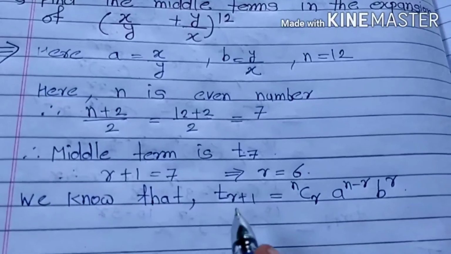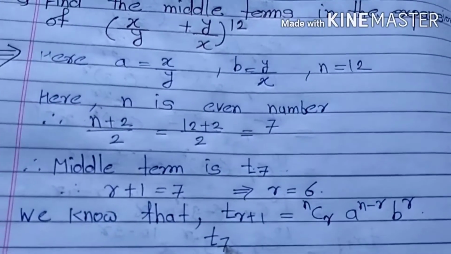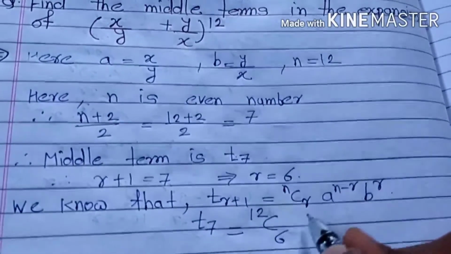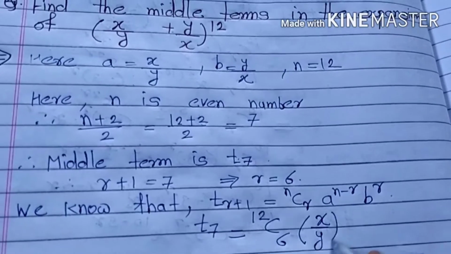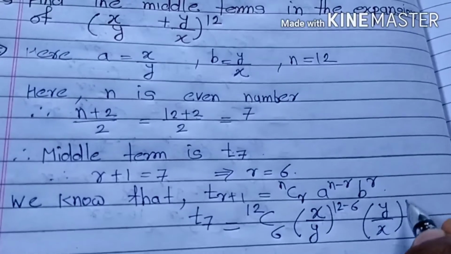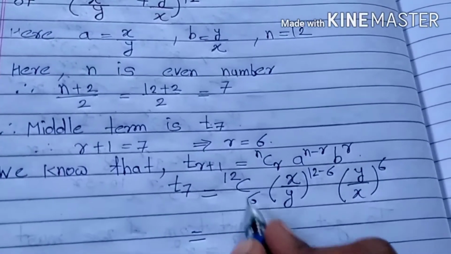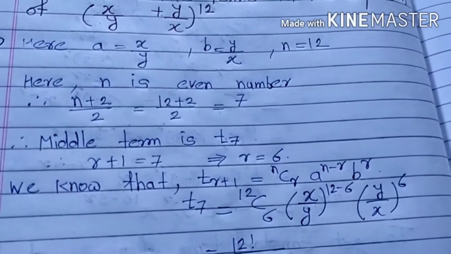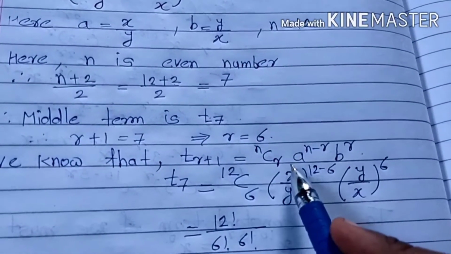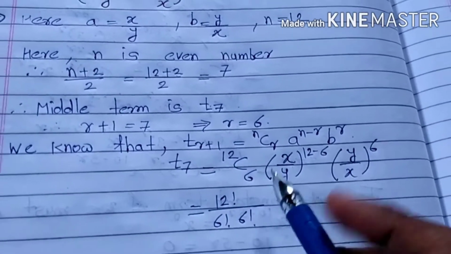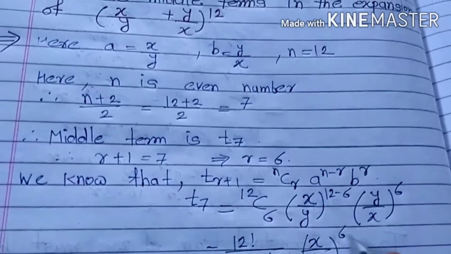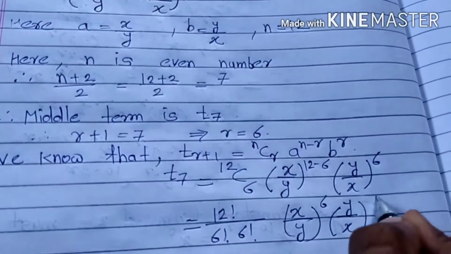Now put all the values. r + 1 means T7, n means here 12, C 6, (x/y) raised to 12 minus 6, and here (y/x) raised to 6. 12C6, we know the formula, is 12 factorial upon 6 factorial times 6 factorial, or you can split 12 up to 6 terms and 6 down to 1. It is also right. And here (x/y)^6 and (y/x)^6.